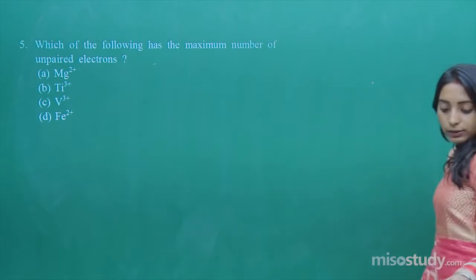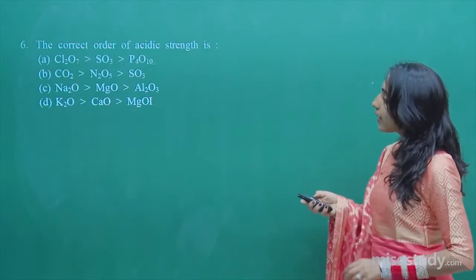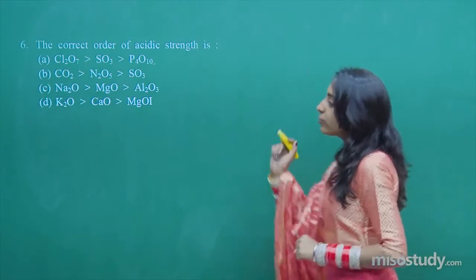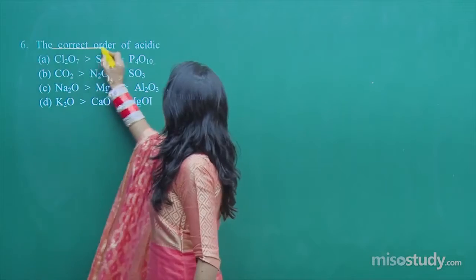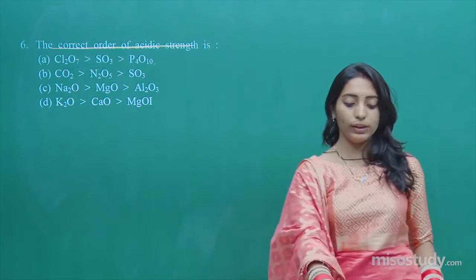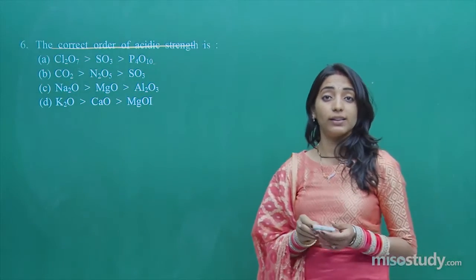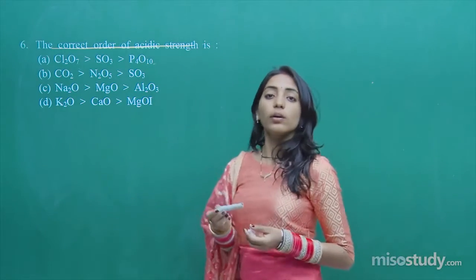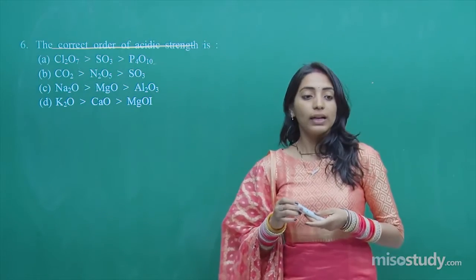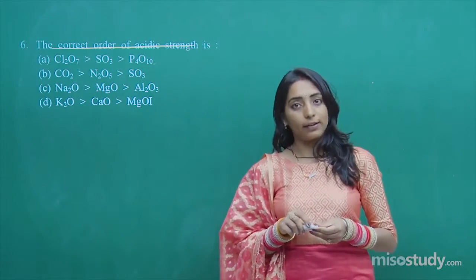Okay. So now moving on to the next question, which is our question number 6. The question says that the correct order of acidic strength is. So we need to talk about acidic strength. Now when I talk about acidic strength, you must be aware that I could be talking about the Lewis acidic character, right?